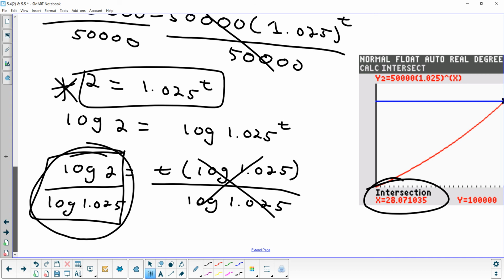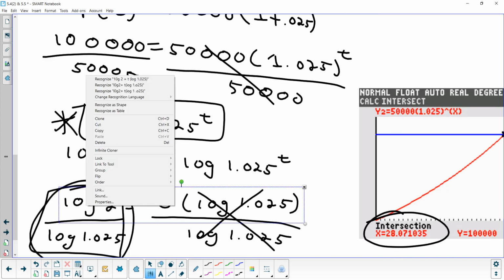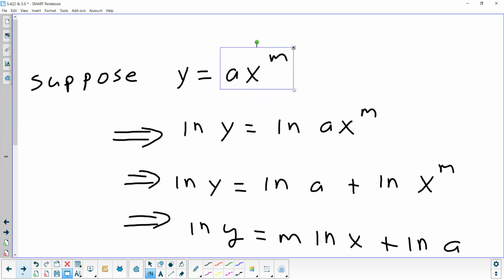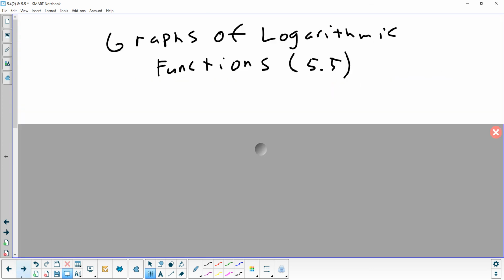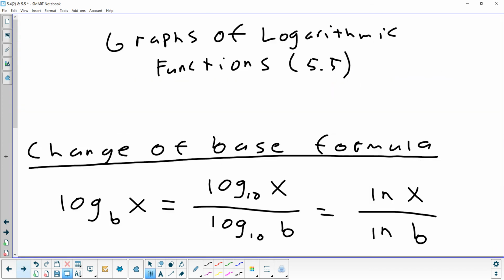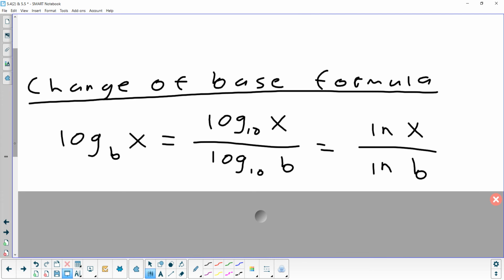We can use what's called the change of base formula and jump right from this equation to the final step without what's in the middle. So the change of base formula says if you want to take the log base b of x, and b is not a 10 or an e, there are actually 2 ways you can type it in.